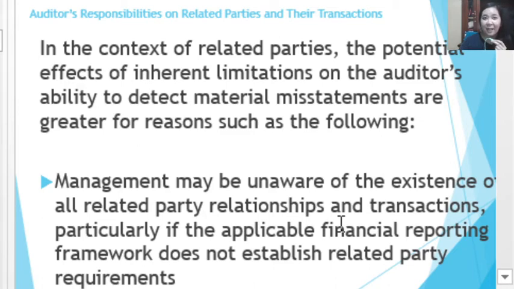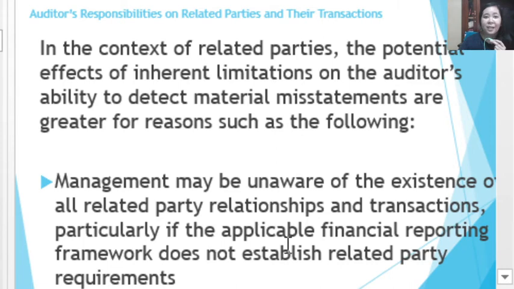Probably they do not know how to define them, and they include these transactions among their normal and ordinary transactions with clients, suppliers, or customers, but in reality they are related parties.